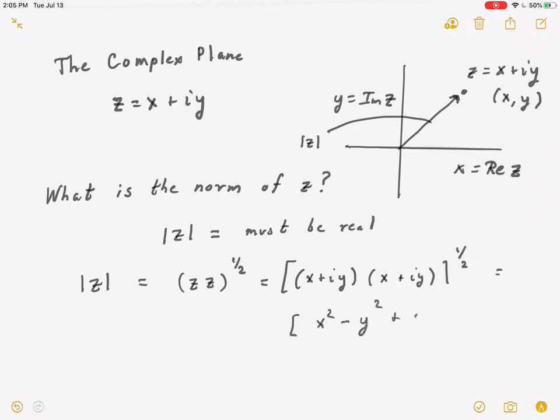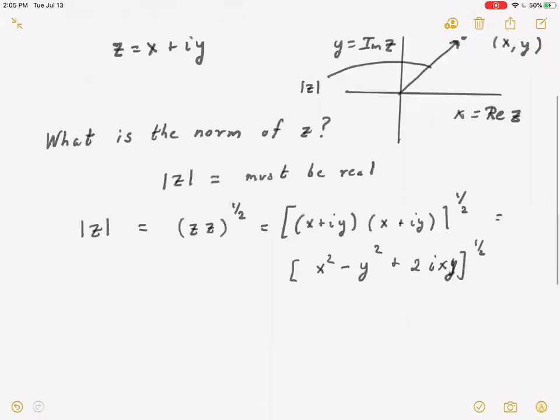The quandary is that your result is not necessarily real because you have this imaginary part that you have to take the square root of. So this thing is not real. So that's a major headache.